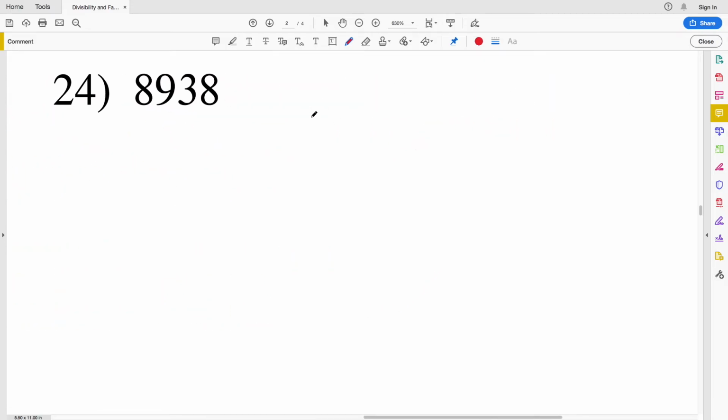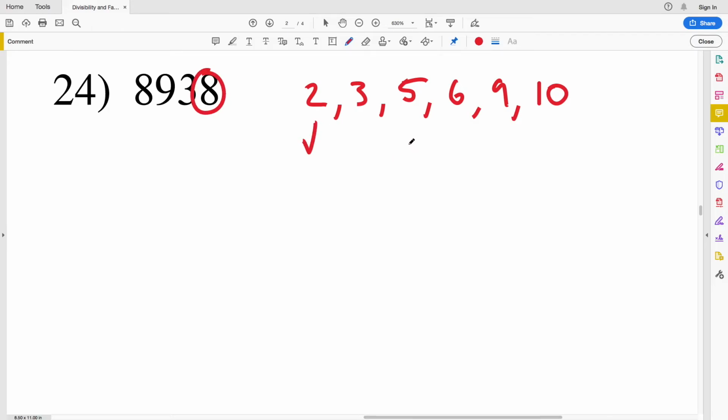In number 24, let's see if 2, 3, 5, 6, 9, or 10, if any of those numbers are factors. So, it's an even number, so it's divisible by 2, but it doesn't end in 0 or 5, so it's not 5 or 10.